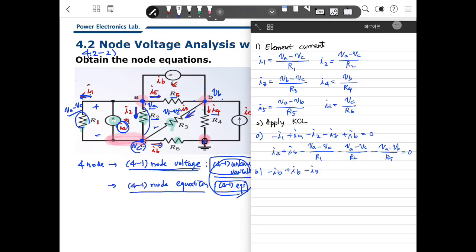And I4 is going out of B, so minus I4. And IC is going into B, so plus IC. So that will be 0.